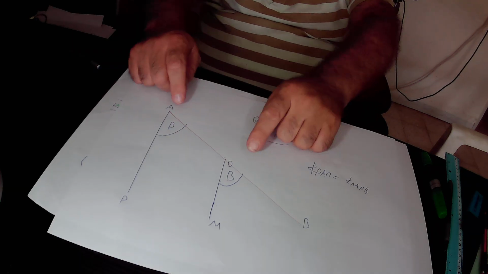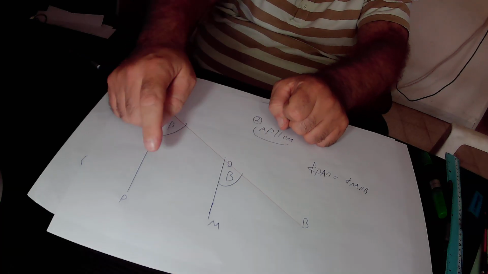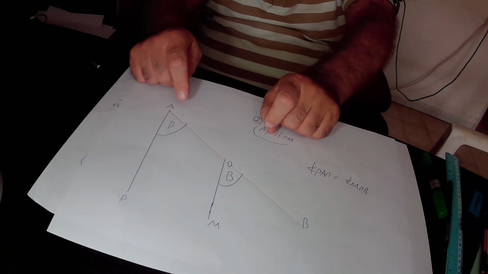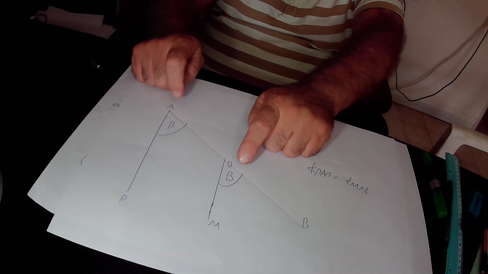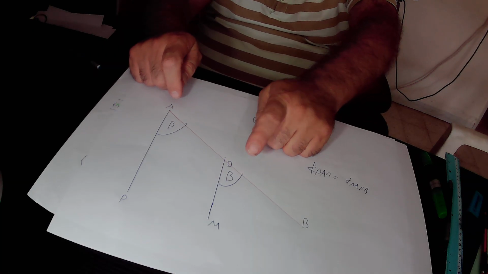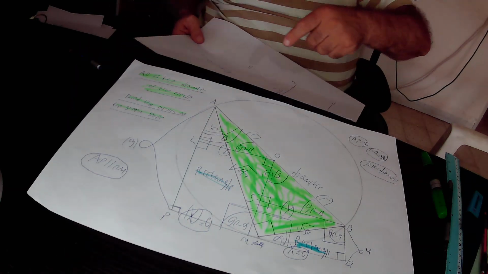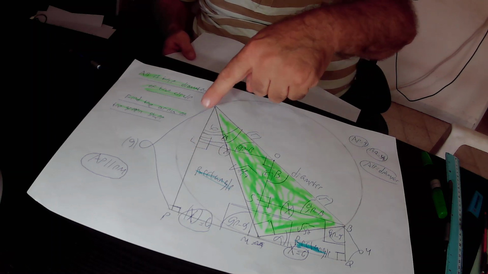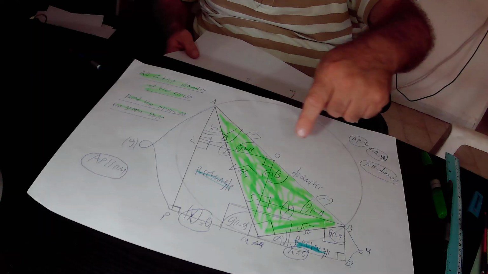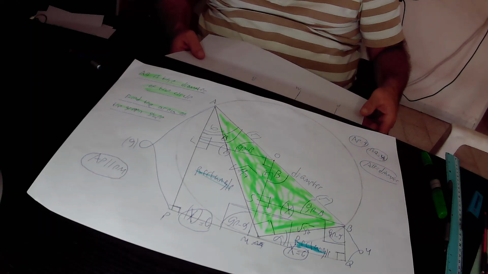Those two angles are defined as corresponding angles, and are located between the parallel lines AP and OM, and therefore they are equal to each other in their sizes. So if we define the size of this angle as beta, then the size of this angle must also be equal to beta according to rule 50. So this is angle PAO, this is equal to beta, and this is angle MOB, this is also equal to beta.